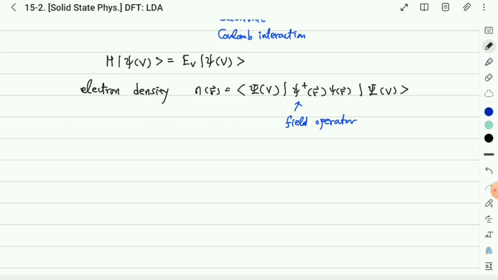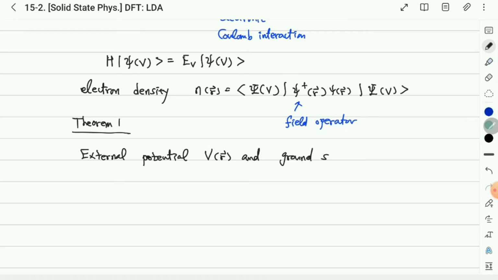The first theorem is that the external potential V(r) and the ground state psi_V are determined by the local electron density.